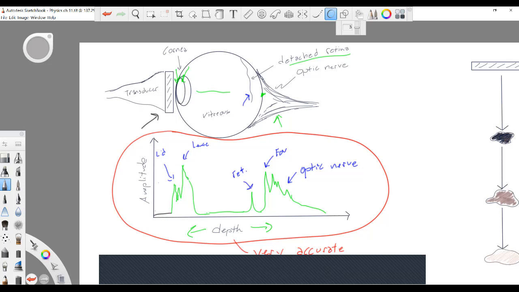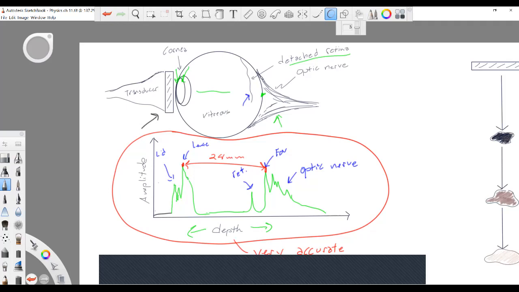Let's say a normal measurement would be from the lens to the fovea. I think it's called a fovea. And that's, let's say, 28 millimeters. I'm just making these numbers up, by the way.